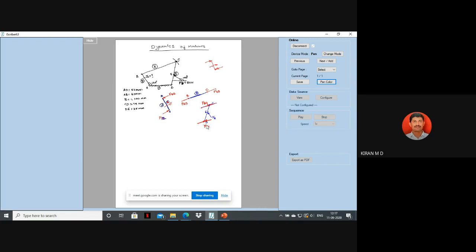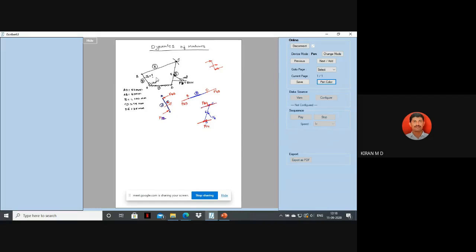From these diagrams, from where we need to start the force analysis now? From which link? Very simple, we need to find out the T2. So this should be output, so this should be input.